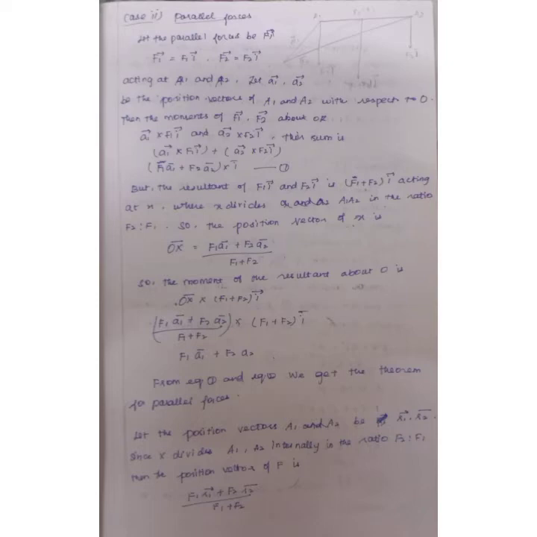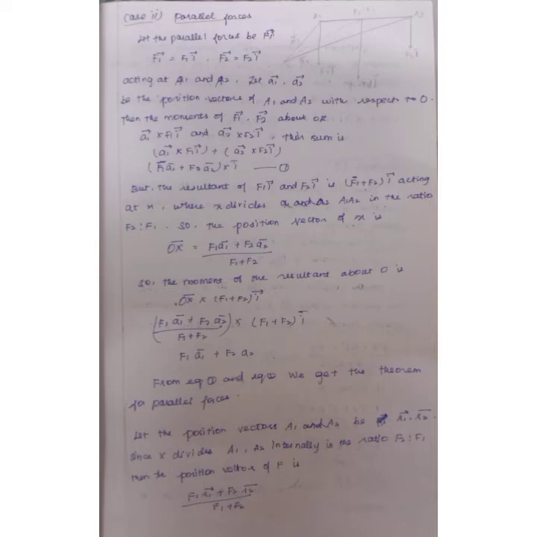Let the parallel forces be F1 vector and F2 vector. With the unit vector i, they are named F1 i vector and F2 i vector. These two parallel forces act in the same direction, F1 vector at A1 and F2 vector at A2. O is any point from these two forces.